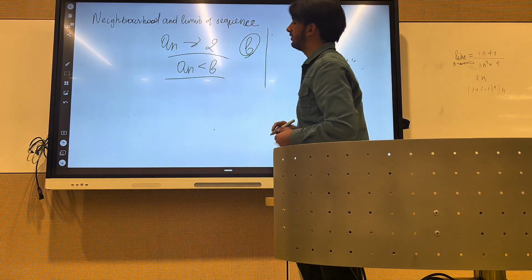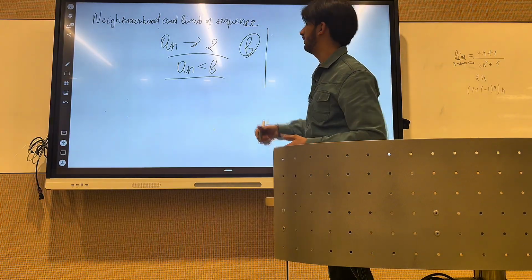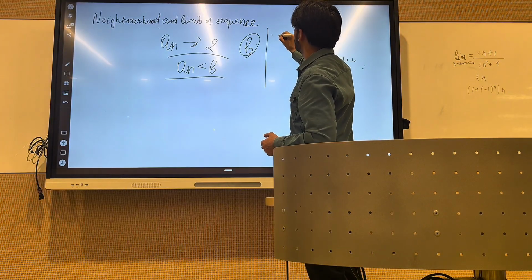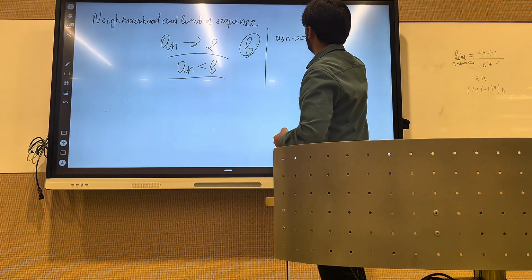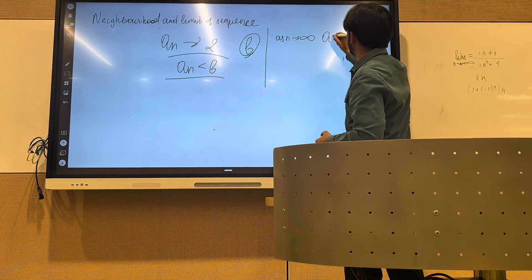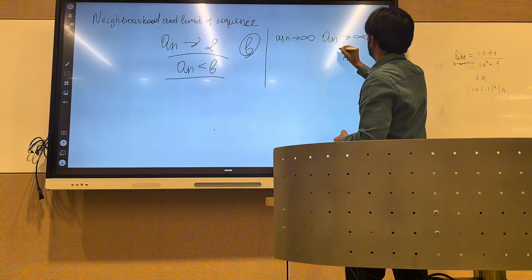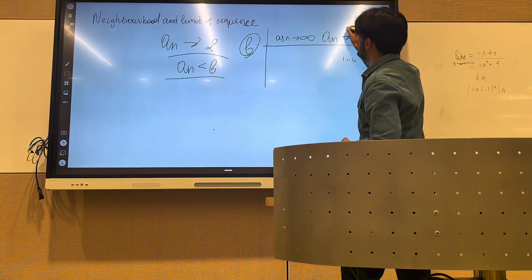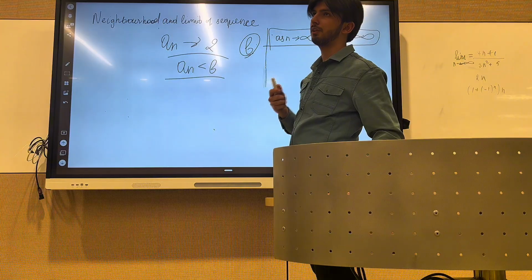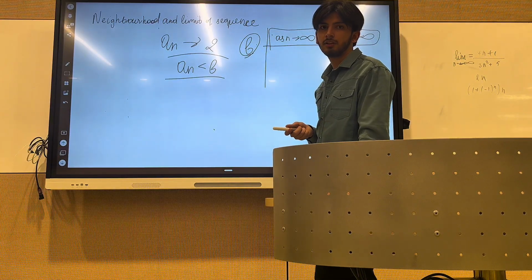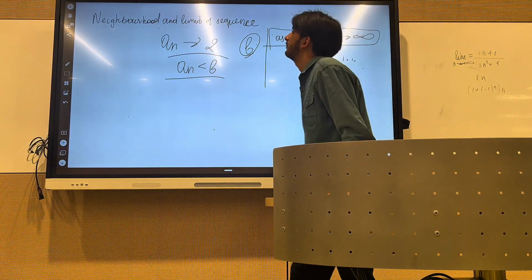And similarly, in the other case, as n goes to infinity, our an goes to infinity. Actually, it's not bounded from above, which means our sequence diverges.